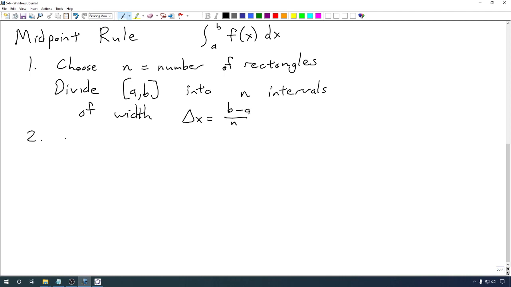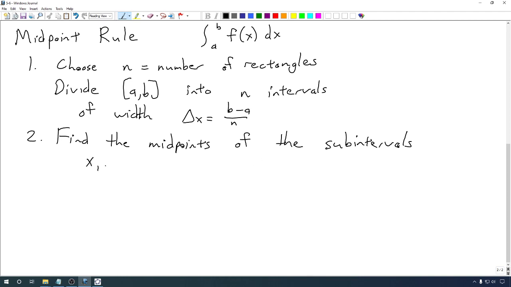2. Find the midpoints of what we call the subintervals. All the divisions that we did up here, we go ahead and pick the midpoint of each of those. We could actually go ahead and write down formulas for those. We'll call them x1 through xn. There's going to be n of them. x1 is actually going to be a plus half of delta x.